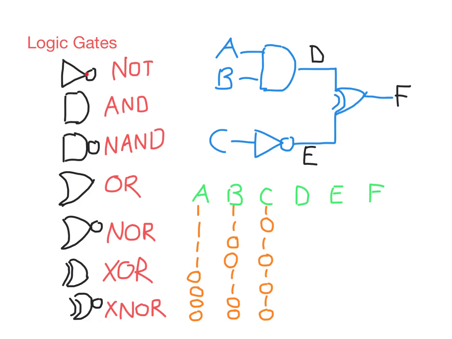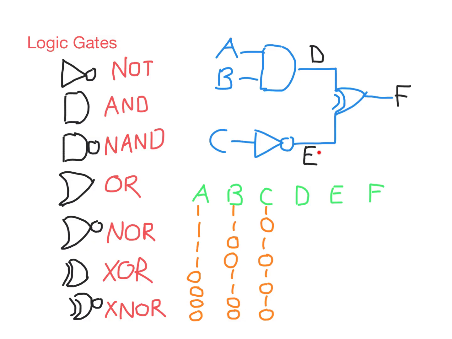Now, in logic gates, we use these symbols here. We can determine the output of a logical gate using a truth table. So let's look at this logical gate here. A, B, and C are inputs into the circuit.